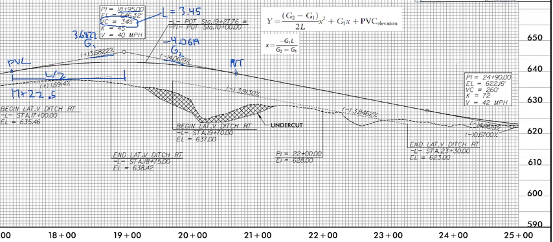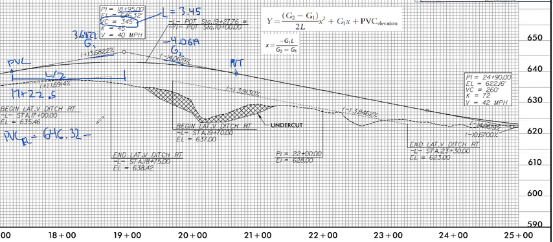To find the elevation of the PVC, we're just going to use simple geometry. We're starting at the elevation of 646.32, and we're going to go down the slope of G1, 3.6822% over a distance of that 172.5 feet, or 1.725 stations. So the way I would write this down is to find that elevation of the PVC is equal to the elevation of the PVI, 646.32, minus half the length.